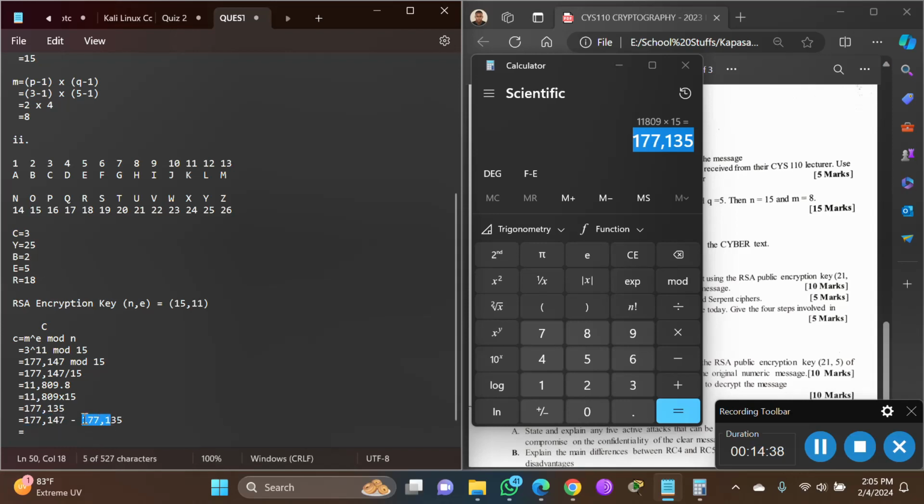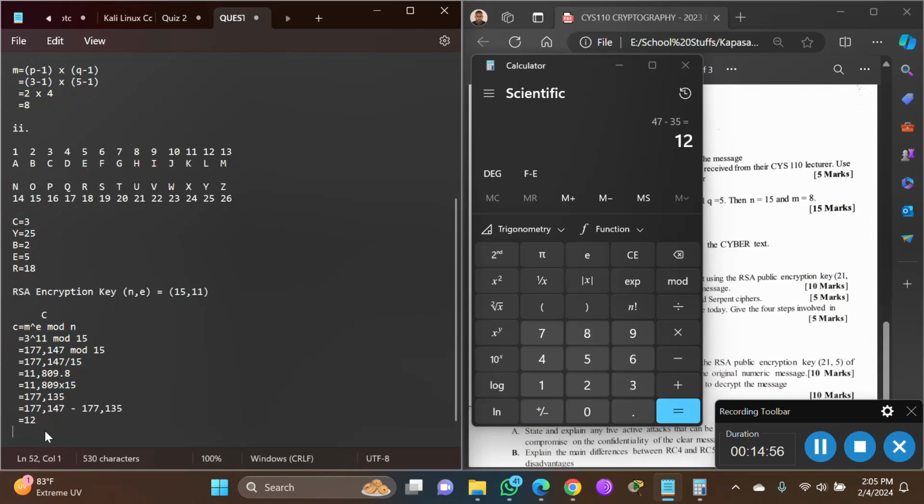So it's more like 47 minus 35, like that, which is 12. So 12 on the alphabet is L, as you can see, where 1 is A, L. So we have encrypted our C.